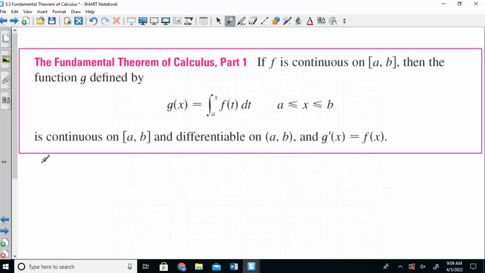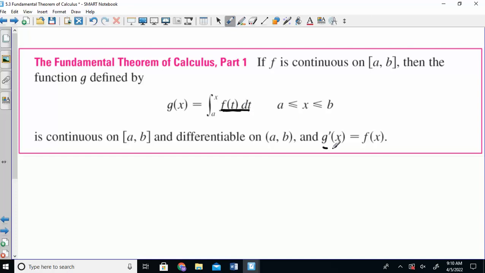Alright, so the fundamental theorem of calculus just tells us if f is continuous, then g, the antiderivative of that, would be continuous. And if g is the antiderivative, if we take the derivative of g, we should get f of x. So this really isn't telling us anything too crazy, but here's the cool thing. You notice I have this as f of t right here.